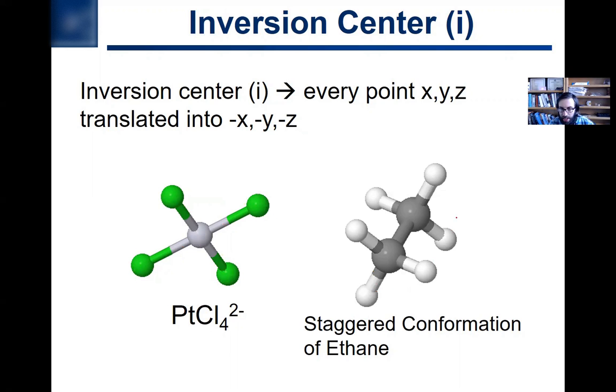Staggered ethane also has an inversion center. This hydrogen, for example, is in the back, slightly to the right at the top of the molecule, and it's going to go to the front of the molecule, to the left. I lost track here.